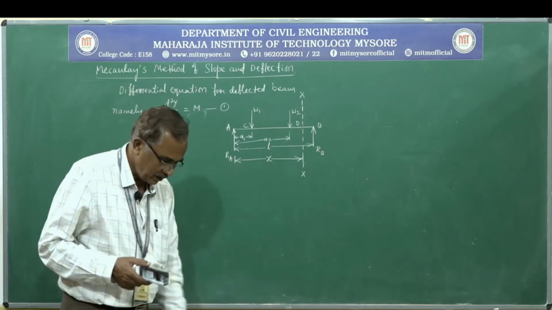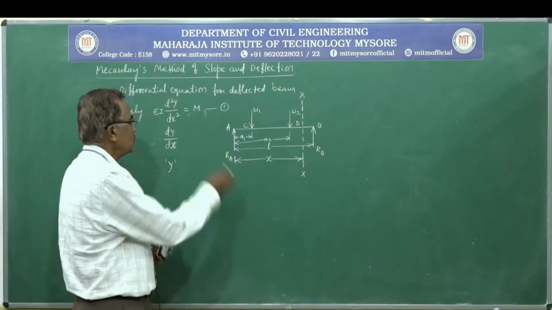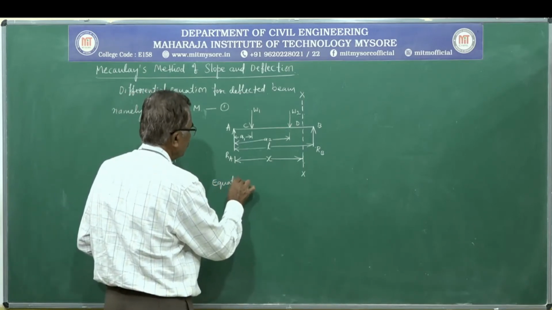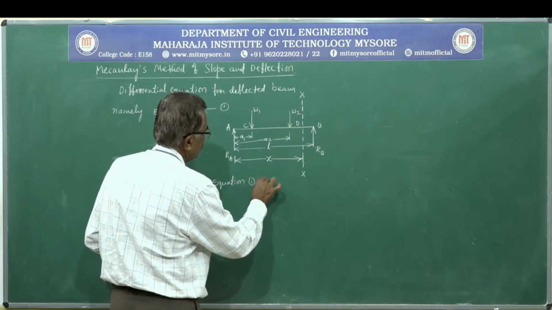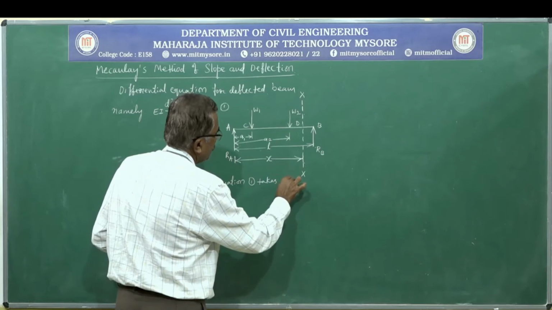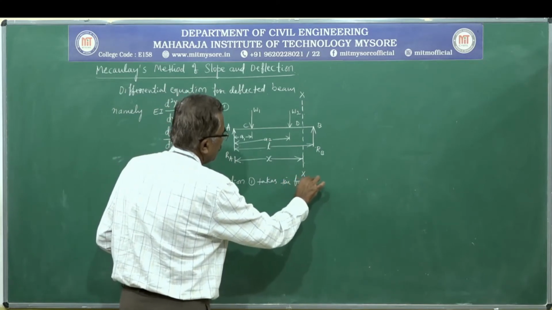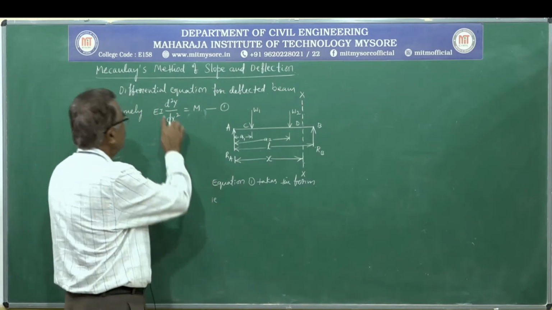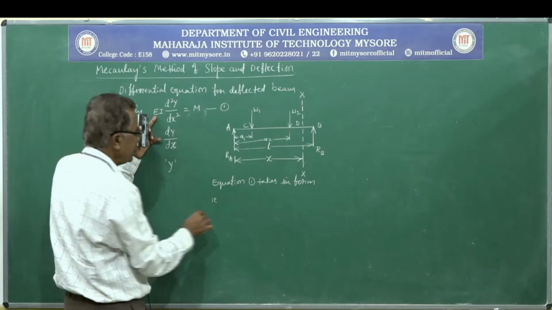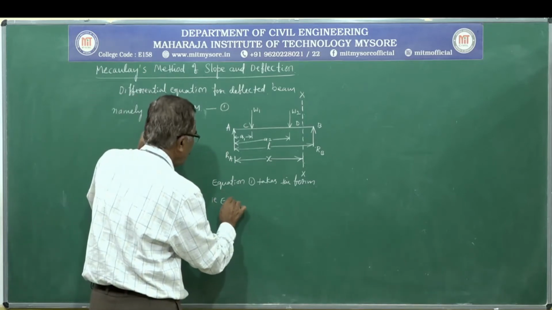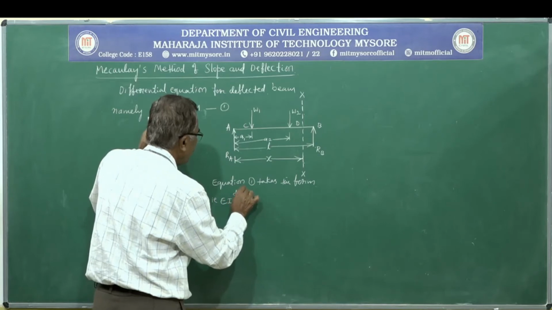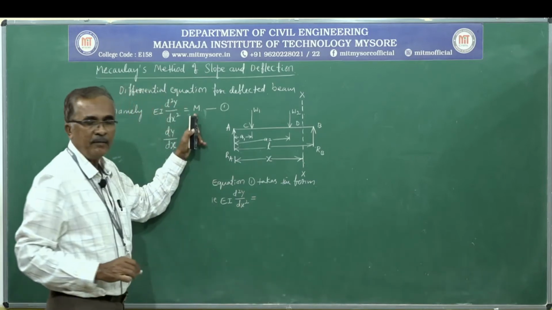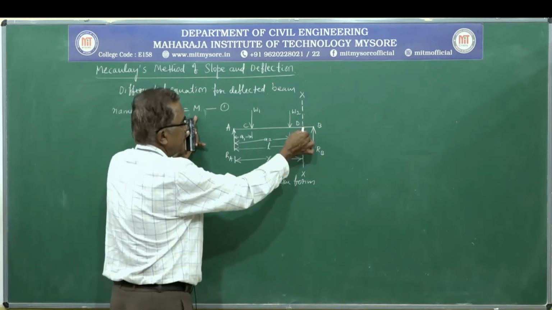So equation 1 takes the form: EI d square y by dx square is equal to M, the bending moment about the section.